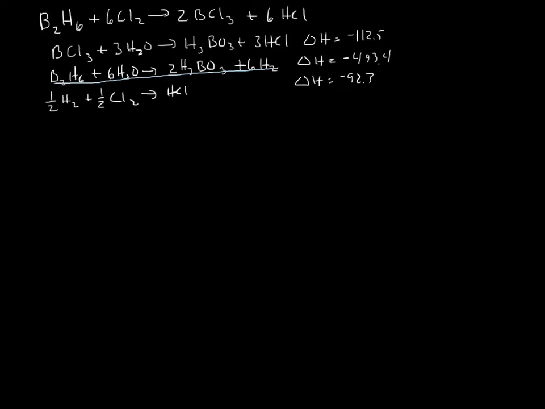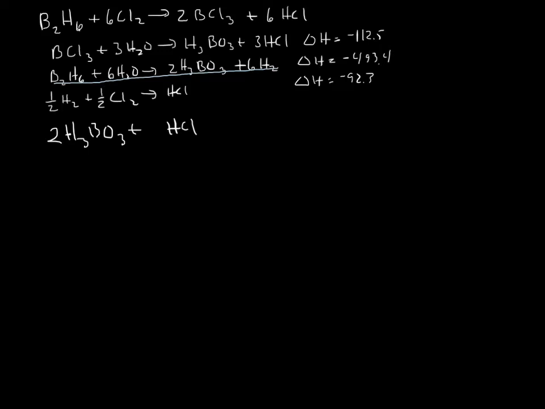It's fun. Let's start with this first one up here, the BCl3. We need to flip it around first of all, and we need to multiply it by 2. So we need to write it as 2 H3BO3 plus 3 HCl. Oops, sorry. We need 6 HCl.